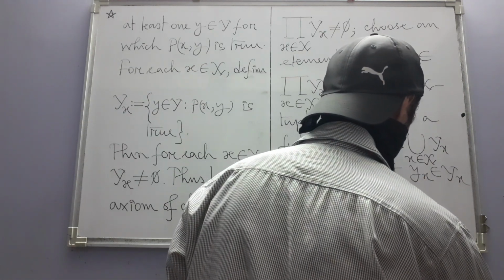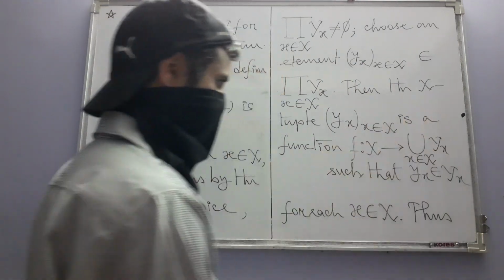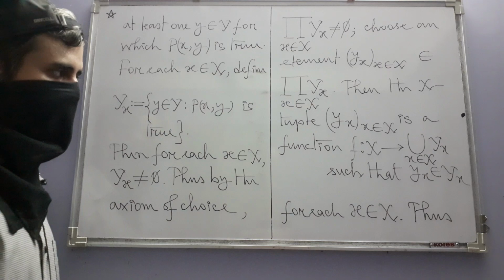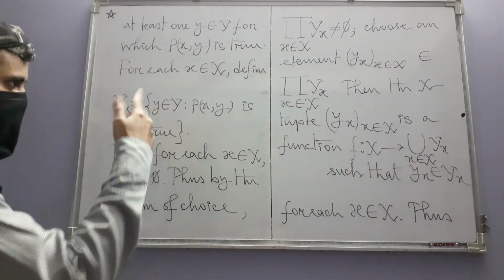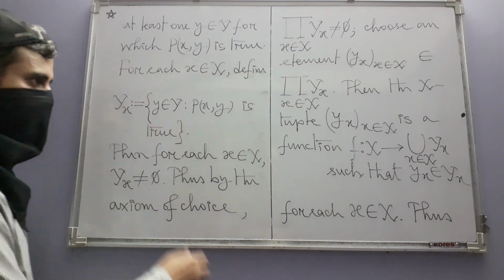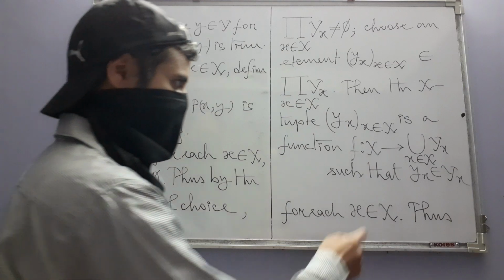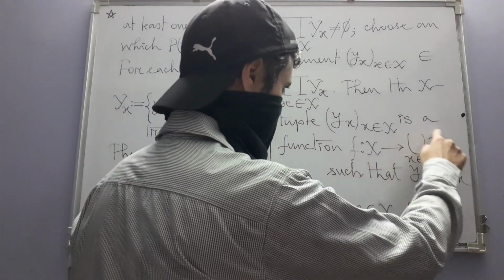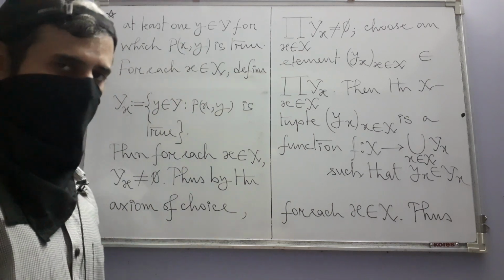Now we can change this range slightly. You know that these yx's are all subsets of y by definition. So their union is after all a subset of y. Now if in this function you replace this range with y, then essentially nothing changes.